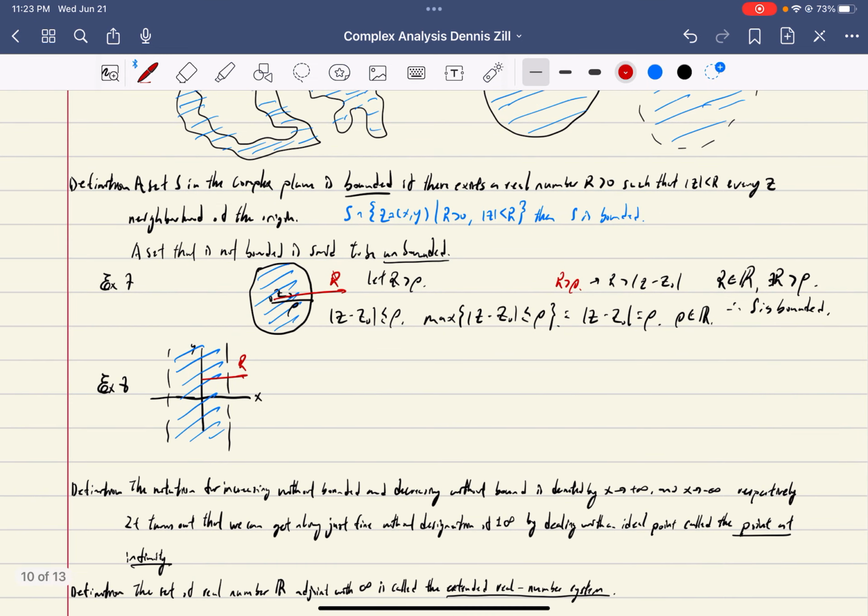So let's start with this. S is equal to all the points such that the real part of z is bounded between -1 and 1, right? And let's say we found an r that is greater than... no, I should erase the r.